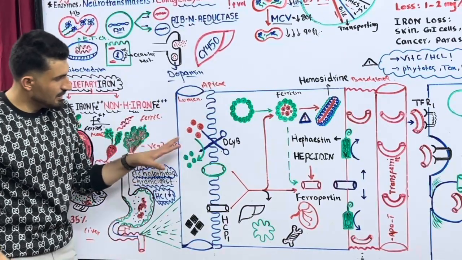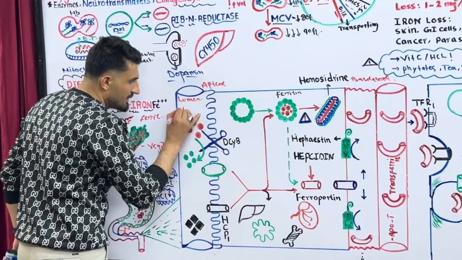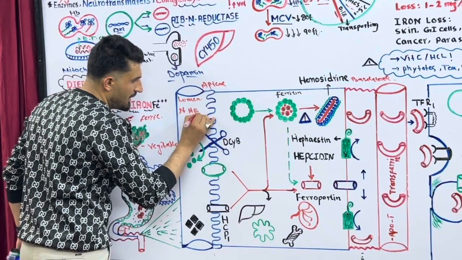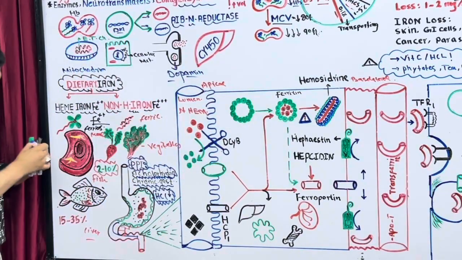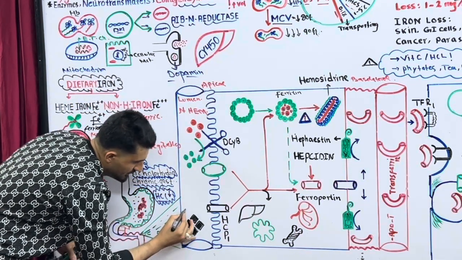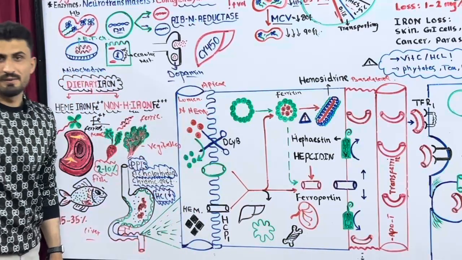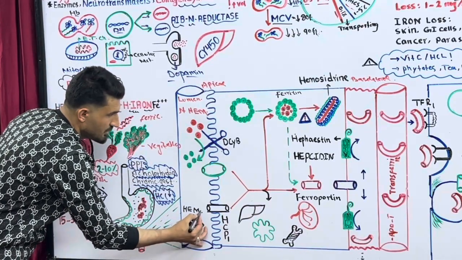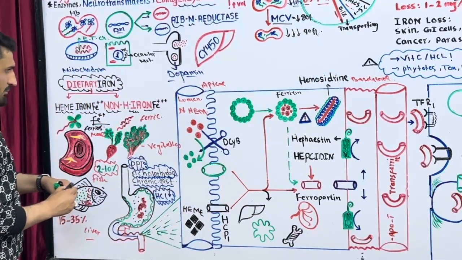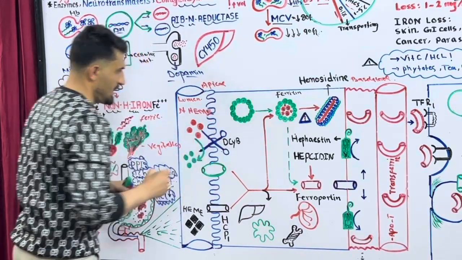Now, inside the lumen we have non-heme iron, and also heme type iron.